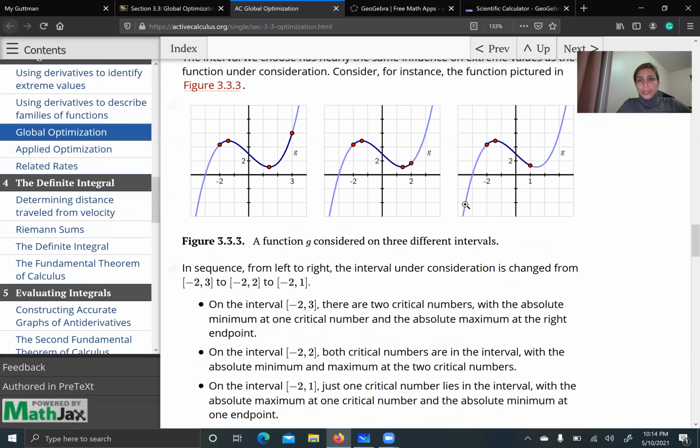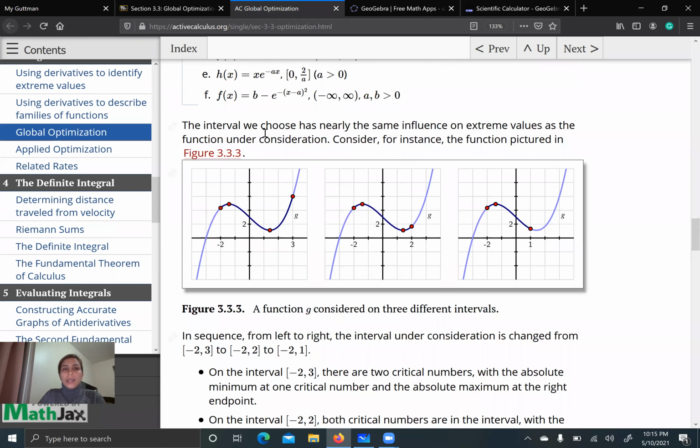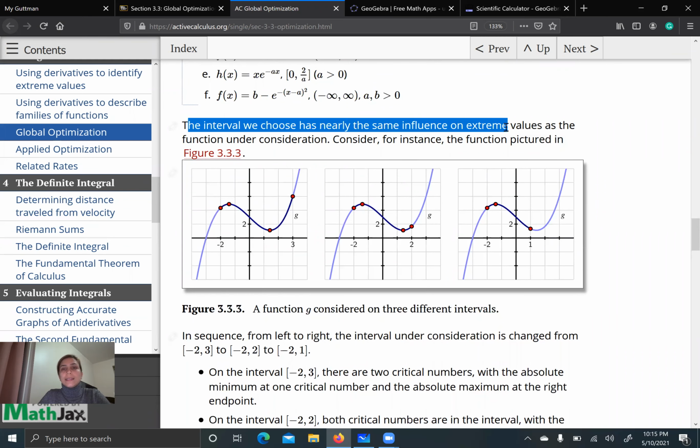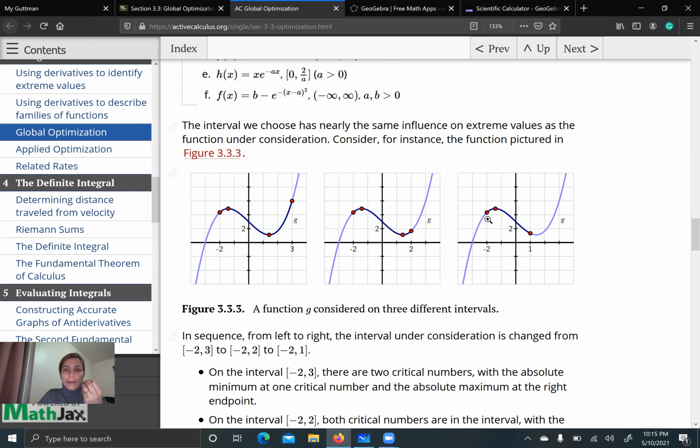In this picture, it says that this is a function g considered on 3 different intervals. It says that the interval we choose has an influence on the extreme values. Yes, of course. Depending on what interval we are looking at, we may have different absolute minimum and maximum.